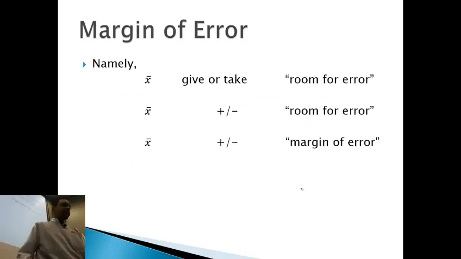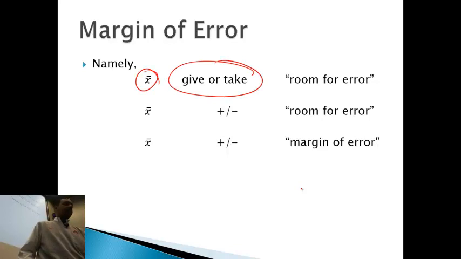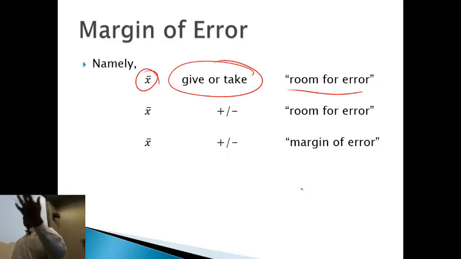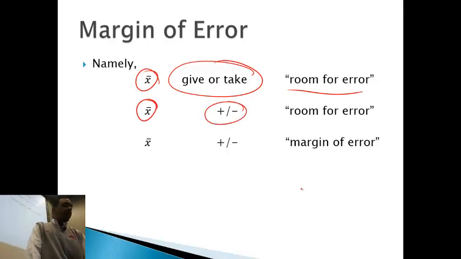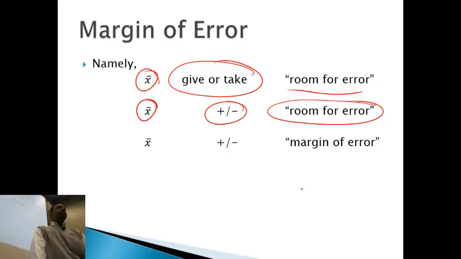So in this case, X bar, give or take some room for error. So again, if you have this in your notes, you'll be jotting this in there. X bar plus or minus some room for error. And now this notion of room for error is called margin of error in our textbook.